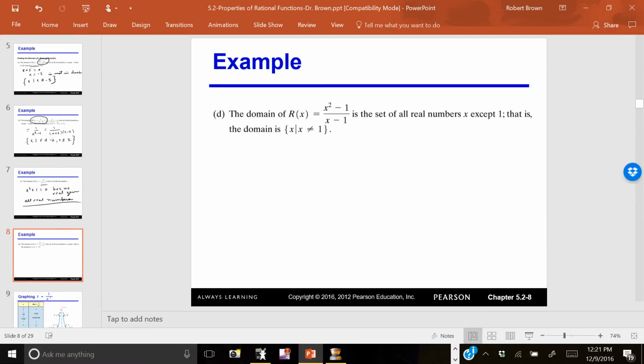Finally, the last example, r of x equal x squared minus 1 over x minus 1. X minus 1 equals 0, x equals 1. So the domain is x such that x is not equal to 1.